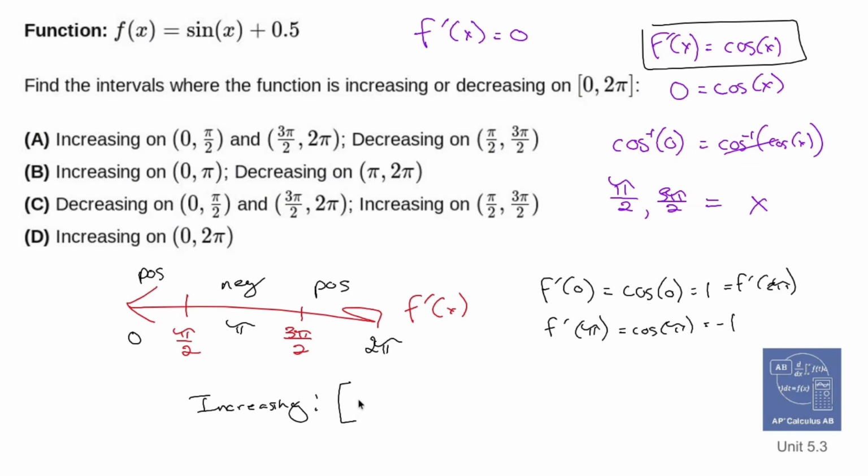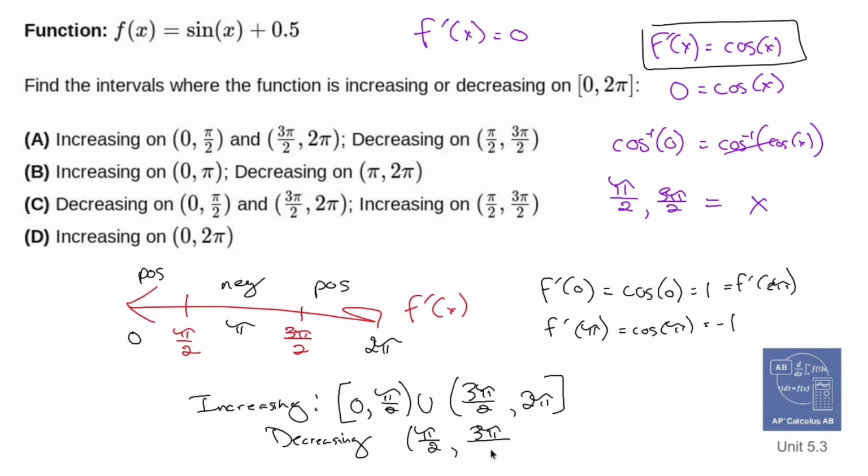So we're increasing between 0 and pi over 2, and we're also increasing at 3 pi over 2 and 2 pi. That would mean we're decreasing between pi over 2 and 3 pi over 2. So that gives us A.